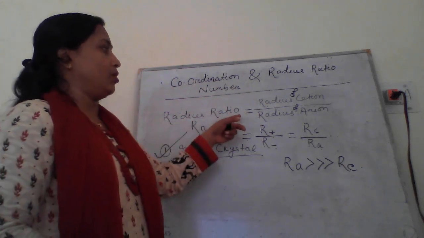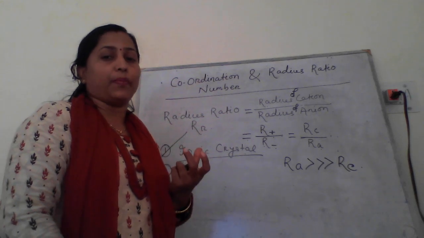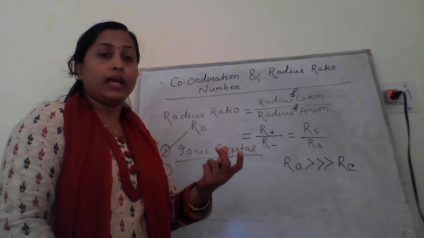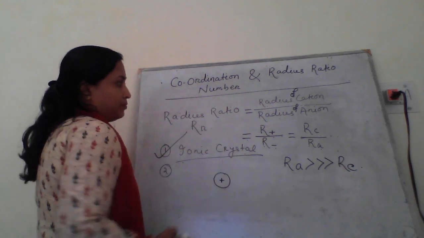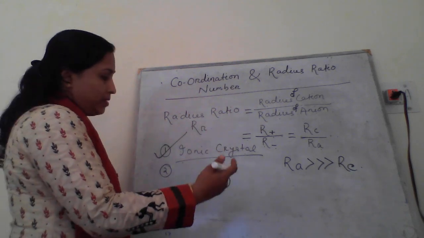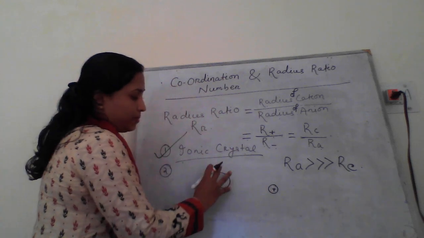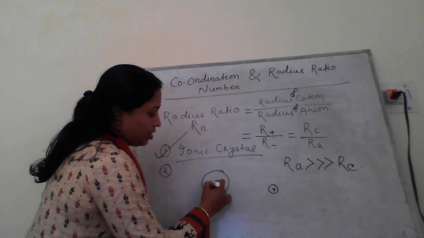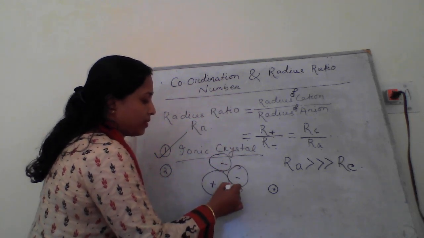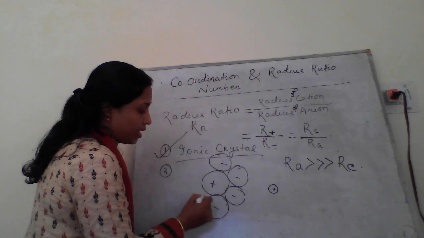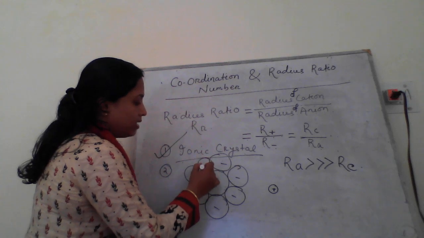Then the radius ratio depends upon the radius of cation. Why does it depend upon the radius of cation rather than the anions? Look, if the cation size is larger, then the number of surrounding anions must be larger, so the radius ratio is also larger.